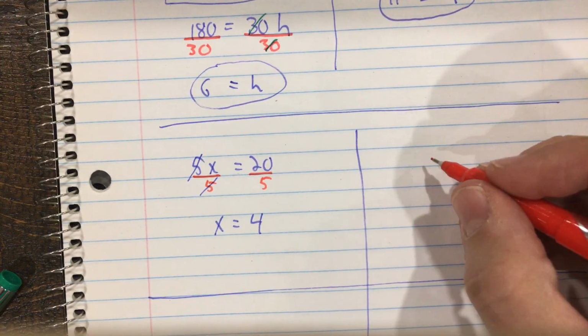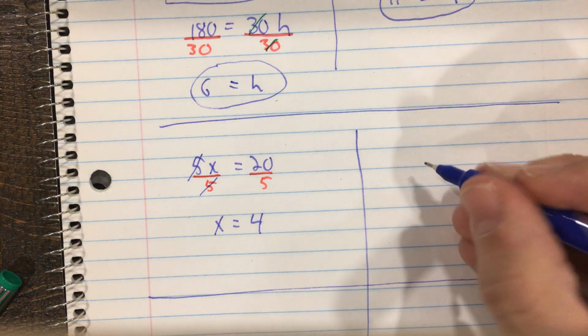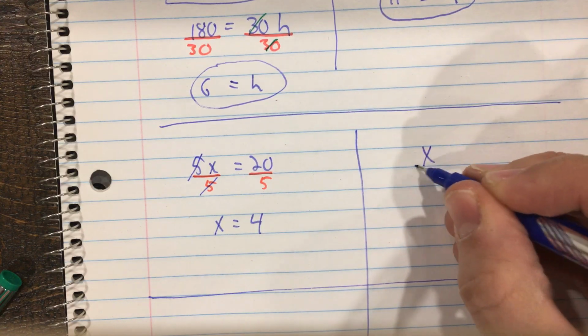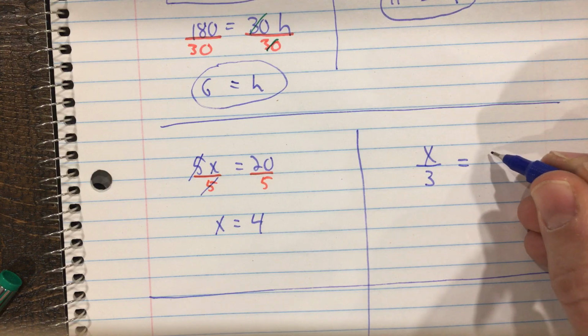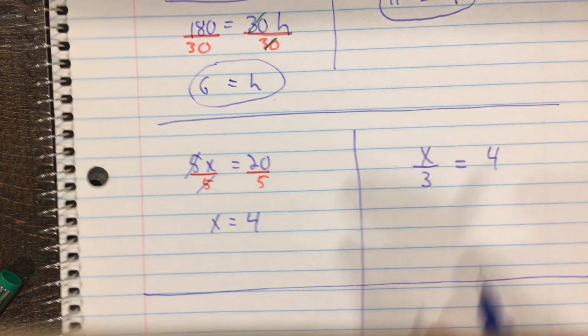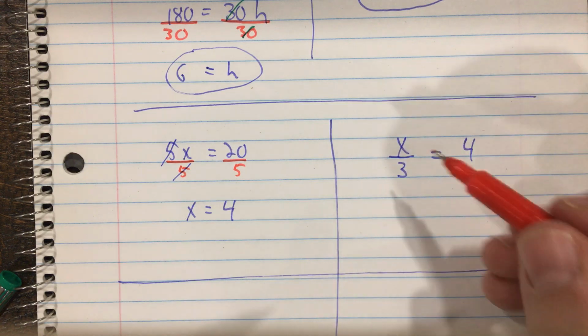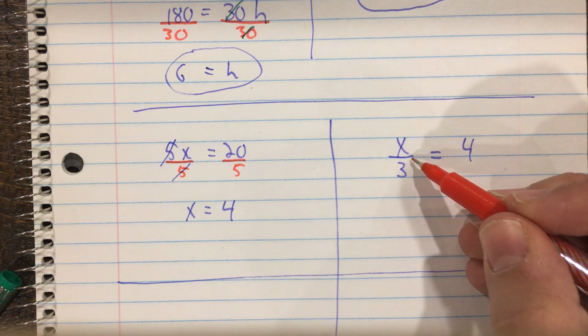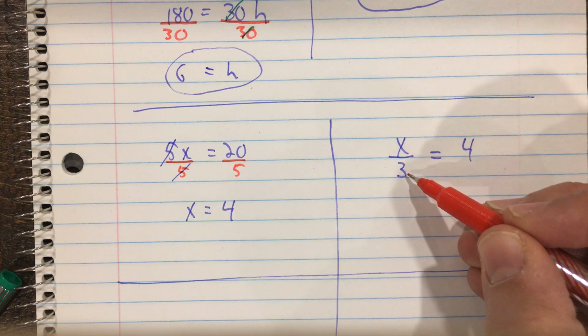You could also have an equation where you had x over 3 is equal to 4. Well, again, you need to ask yourself, what's happening to my variable? My variable is being divided by 3. So how do you undo division by 3?